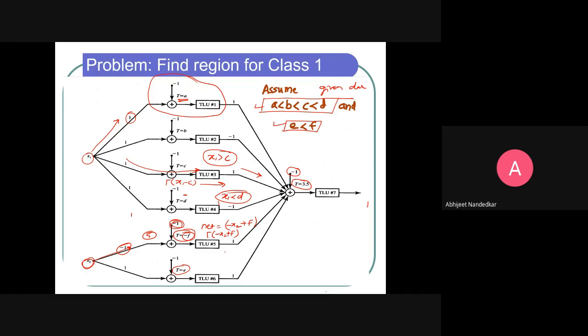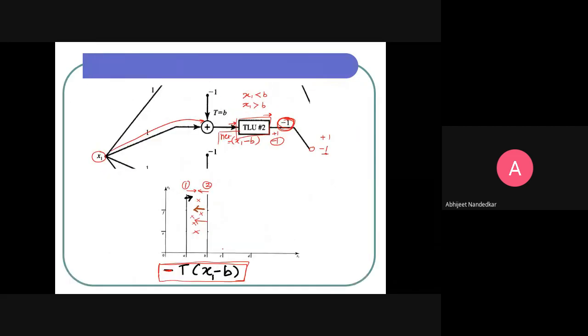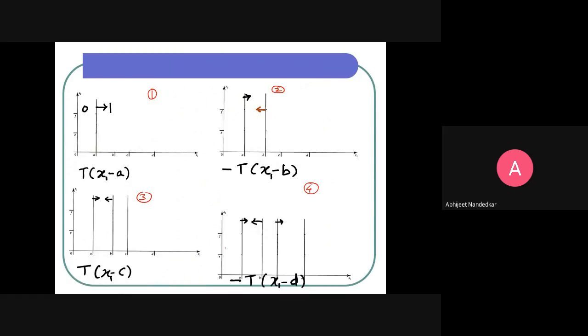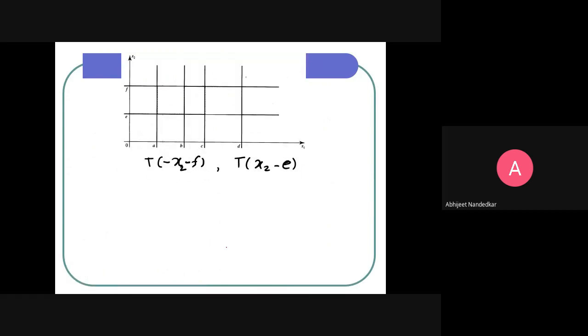So when will this fire? Can you think? So when I go to the fifth one, it will say go this side. Okay, go this side. I think this should be plus.